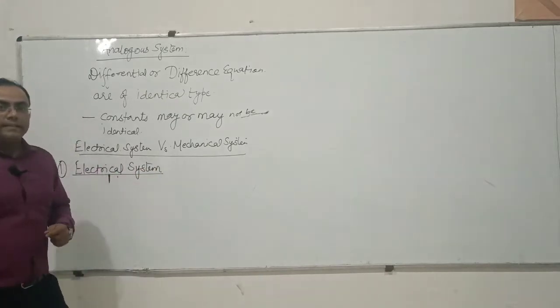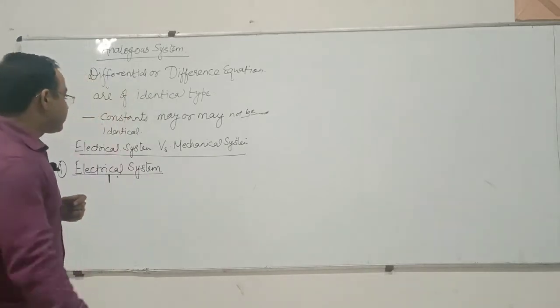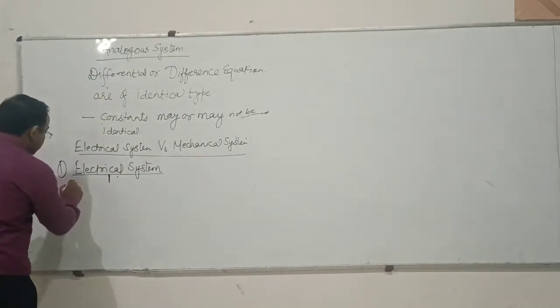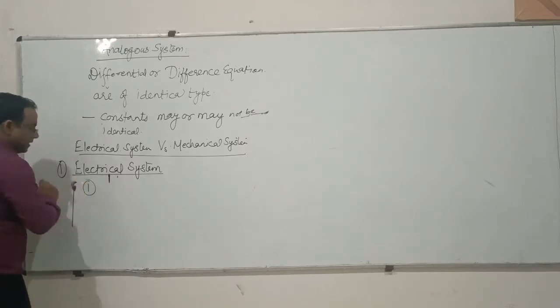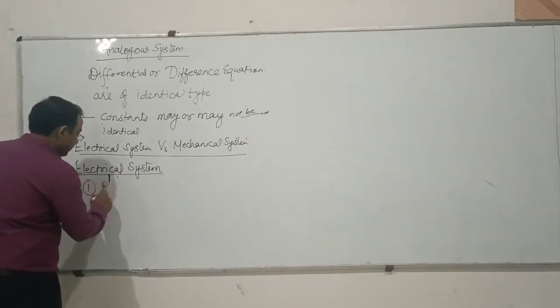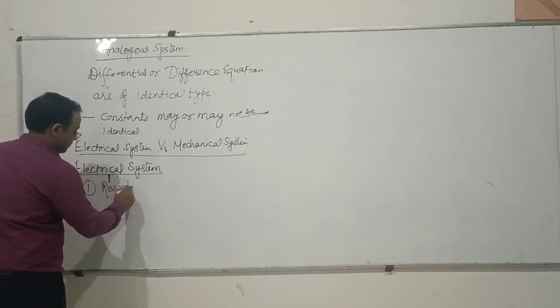Broadly, the electrical system is based on three elements. Number one, resistor.